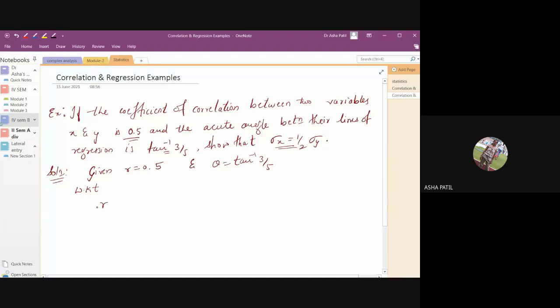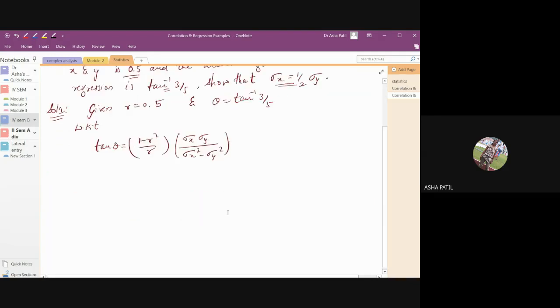We know that tan theta equals 1 minus r square divided by r into sigma x sigma y divided by sigma x square minus sigma y square. So other day we have done this. This is your tan theta.